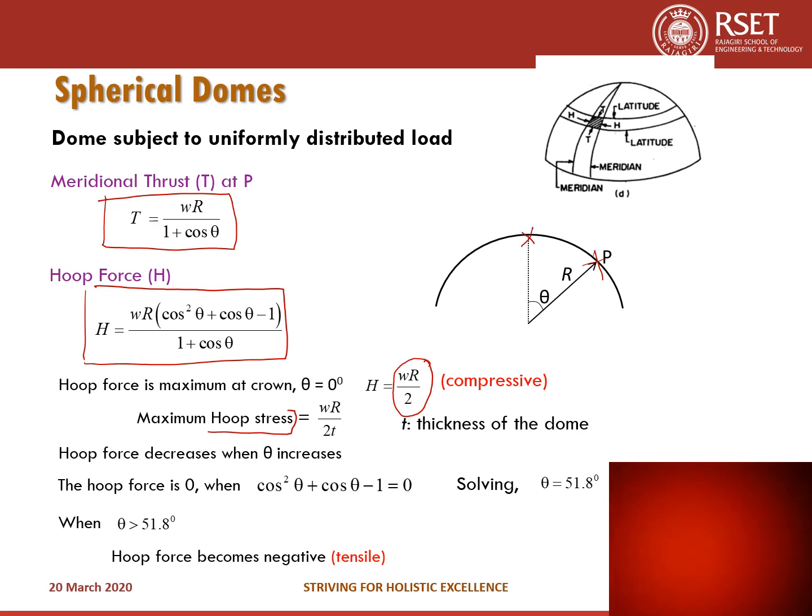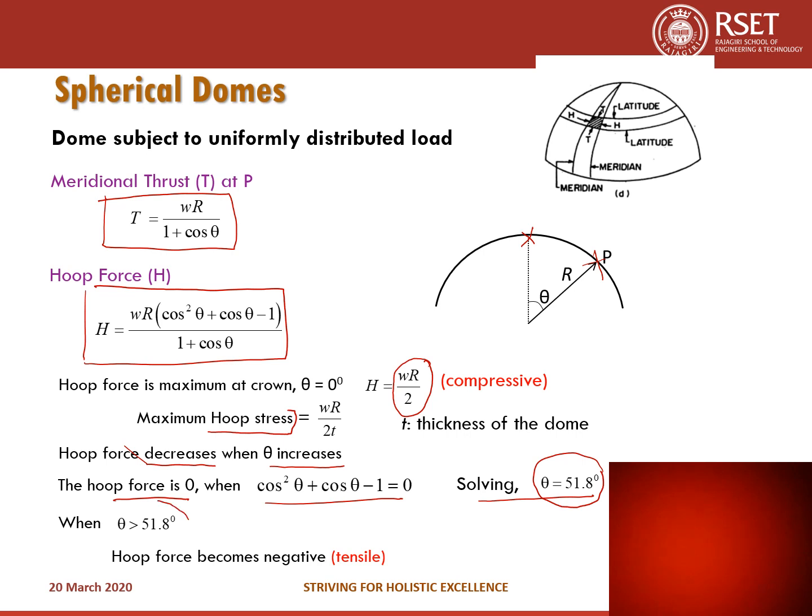Now what happens as theta increases? When theta keeps on increasing, the hoop force decreases, and at one point the hoop force becomes 0. That is when cos²theta + cos theta − 1 is equal to 0. If you solve this, at theta equal to 51.8 degrees, the hoop force is 0.